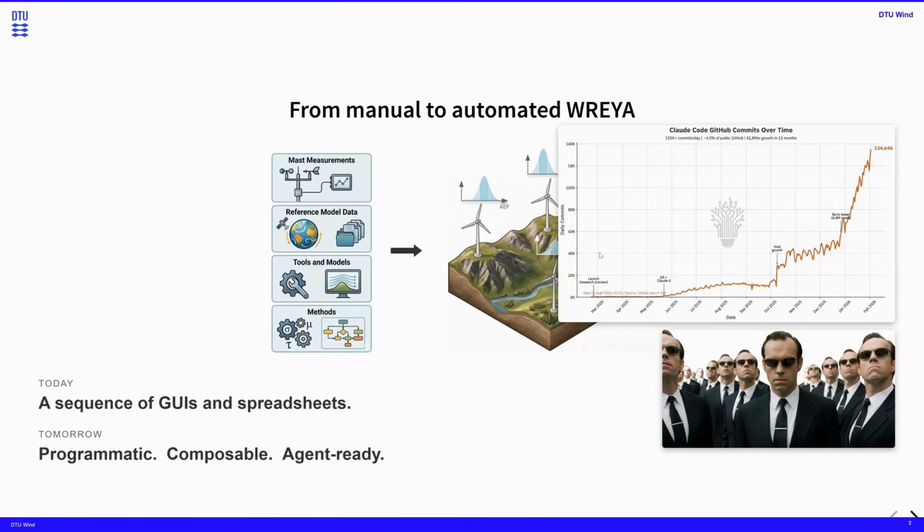It shows this rapid increase in the number of agent commits to GitHub just from one of the agents, you could say. And at this point 4% of all of the commits on GitHub were made by these coding agents. So that's one thing that we should consider in the future, that our software is ready to be used by agents, and basically facilitate WREYA becoming doable by coding agents or by AI agents.